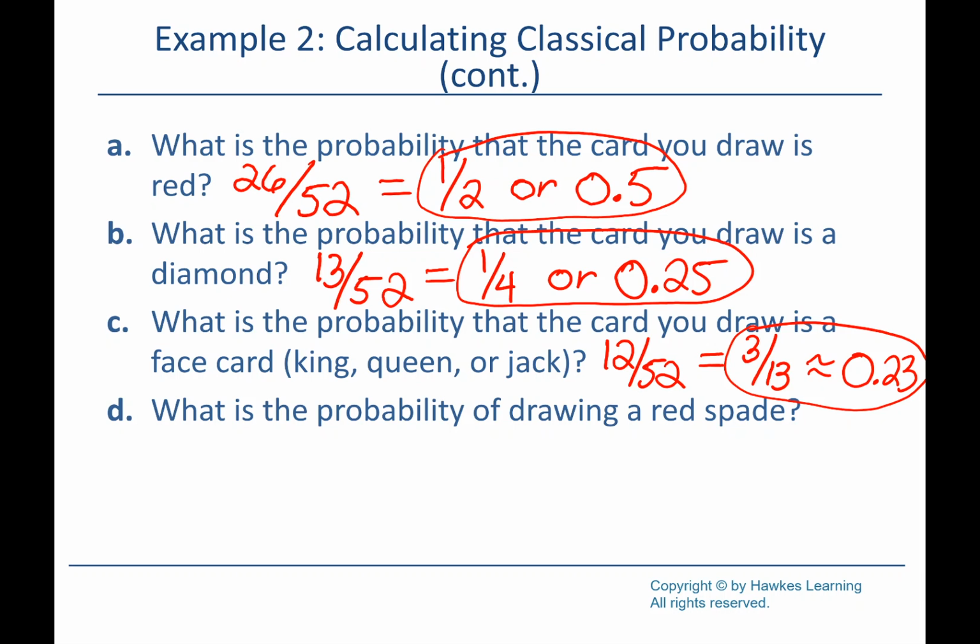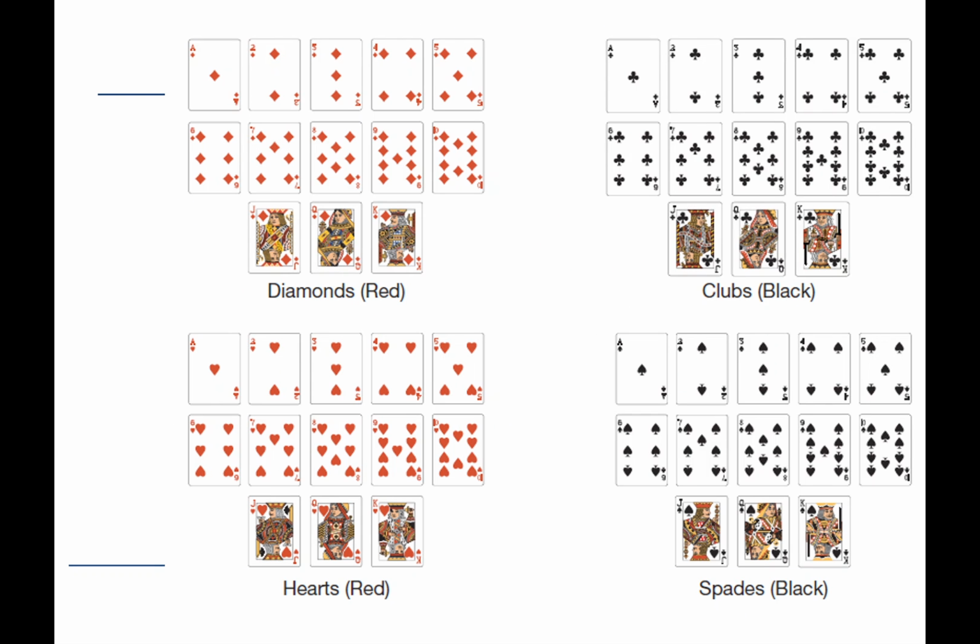Okay. D's a little more interesting. D says, what's the probability of drawing a red spade? So we need 2 things to be in our event. We need our card to be red and we need it to be a spade. But how many red spades do we have? None, because the spades are black. So we have 0 cards in our event out of 52 cards.